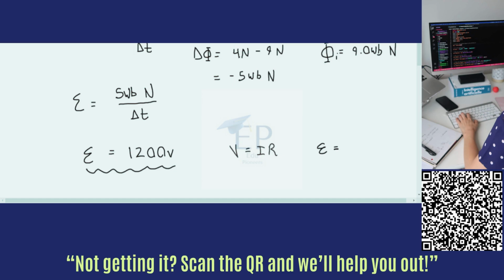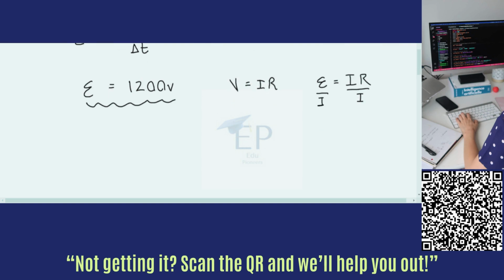So we'll have E equals IR. Or, if we divide both sides of this equation by I, we'll have R equals E over I, where E is 1200 volts and I is 230 amps. So if we divide those two numbers, it's going to come out to be 5.22 ohms.